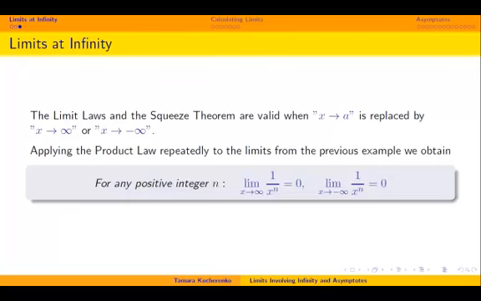Applying the product law repeatedly to the limits from the previous example, we obtain that for any positive integer n, the limit as x approaches infinity of 1 over x to the n equals 0, and the limit as x approaches negative infinity of 1 over x to the n equals 0.